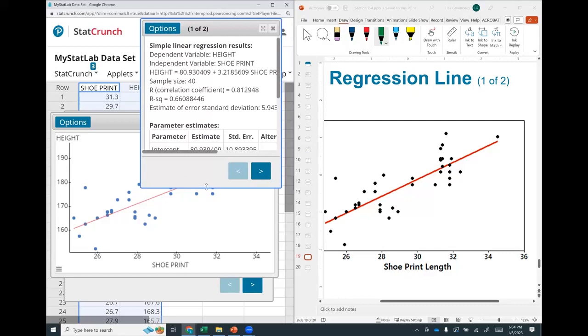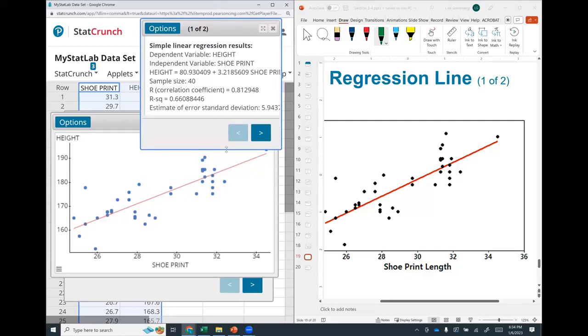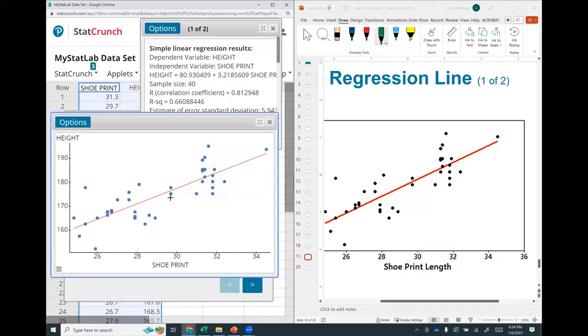I got another thing to look at. So here's my line with the numbers. And notice those are the same numbers as here's our intercept and here's our slope. And let me go back and hover again.